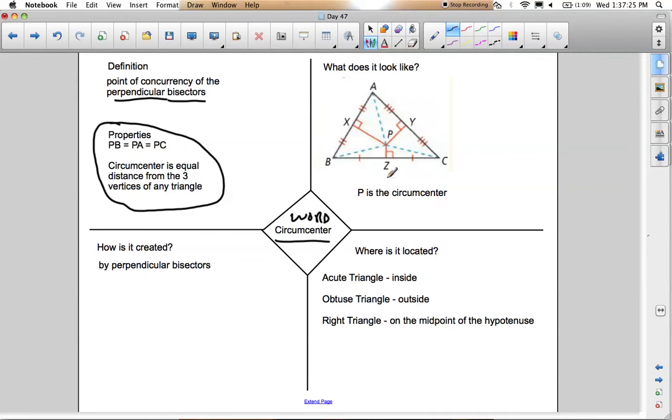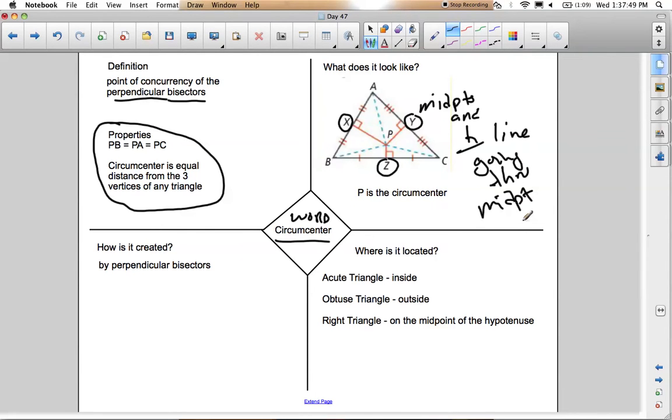So hopefully you said that we know that the red lines are perpendicular bisectors because Z, Y, and X are midpoints. Those are midpoints. And we have a perpendicular line going through the midpoint. That's how I know those are perpendicular bisectors. A perpendicular bisector is a line going through the midpoint at 90 degrees.